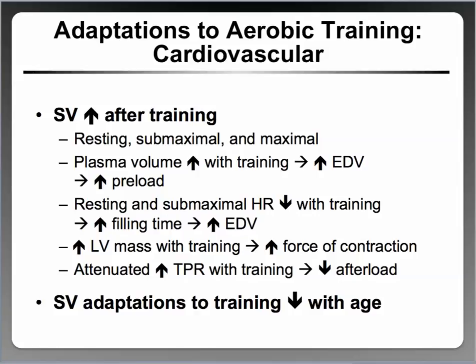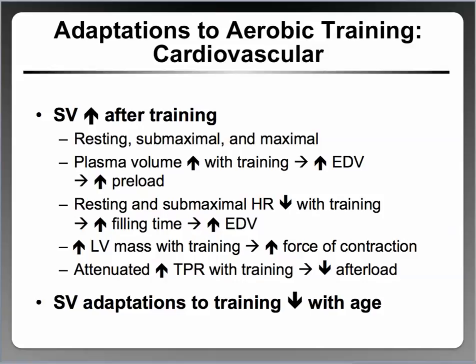And if you look at the fifth point there under stroke volume increases after training, it almost is the perfect storm of physiological adaptations happening. So we've talked about what happens on the front end, how you have an increase in plasma volume, a greater ability to accept that blood. You have an increase in muscle mass.